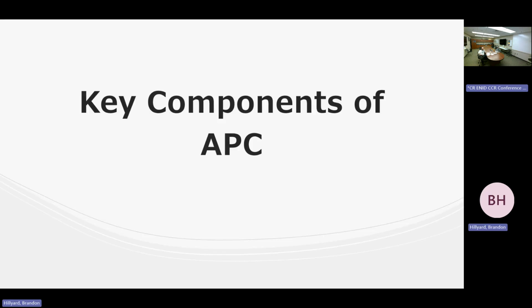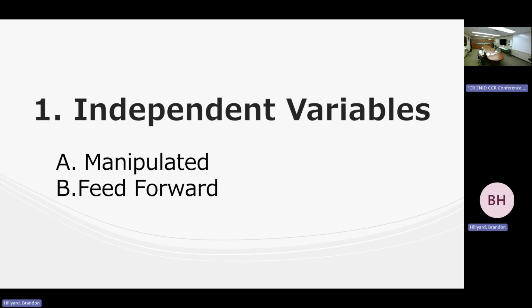So now we'll talk about some of the key parts of APC, which you should be somewhat familiar with after our presentation last week. So first, APC is made up of independent variables. These come in two different flavors. You've got your manipulated variables, again, the MVs, and feed forward.